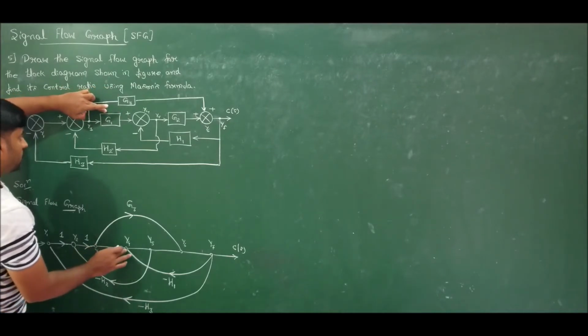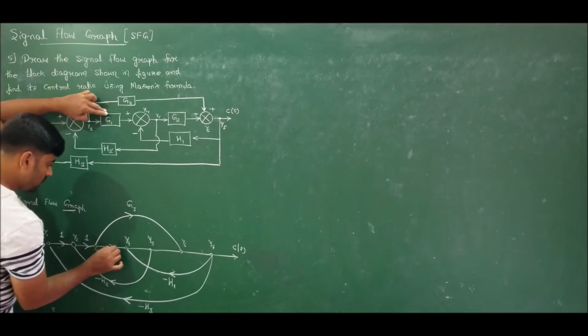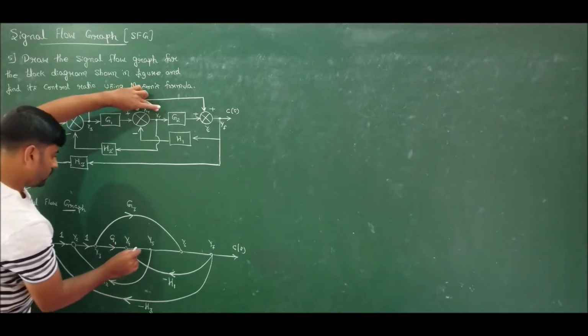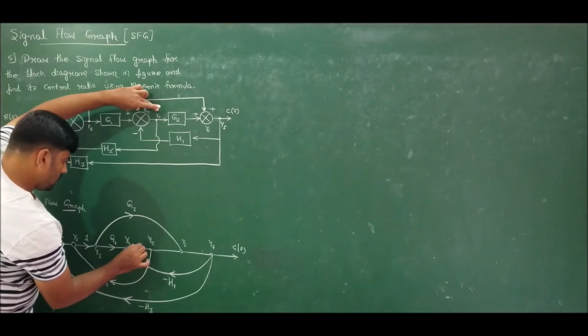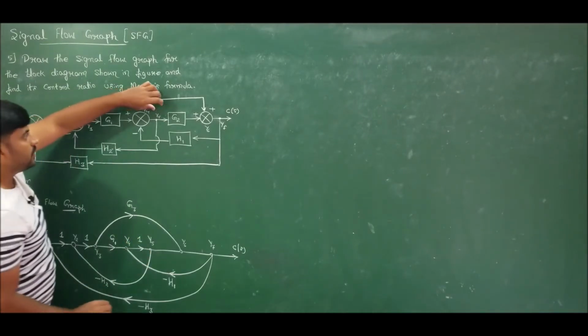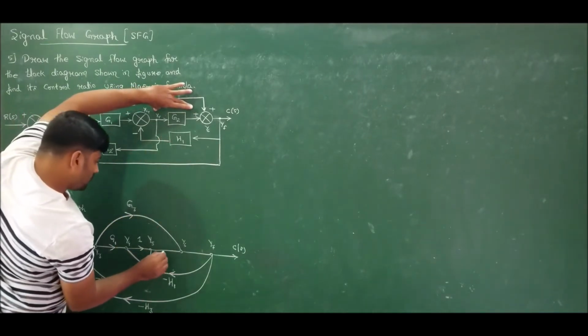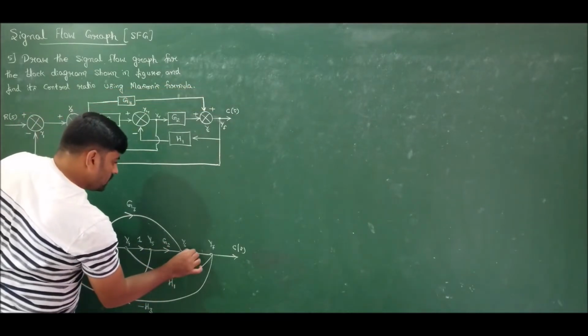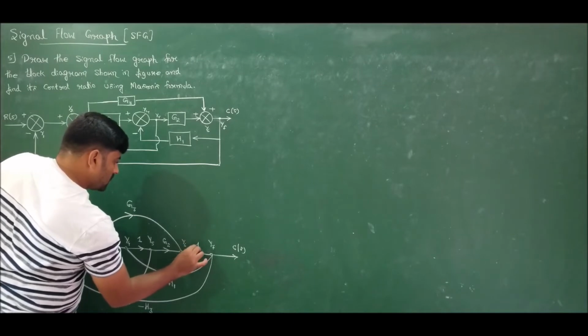Between y3 and y4 we have a branch gain of G1. Between y4 and y5 we don't have anything, so unity. Between y5 and y6 we have a branch gain of G2. Between y6 and y7 you don't have anything, give it unit branch gain.